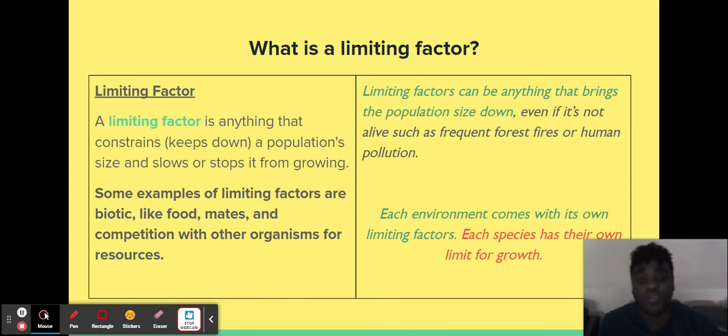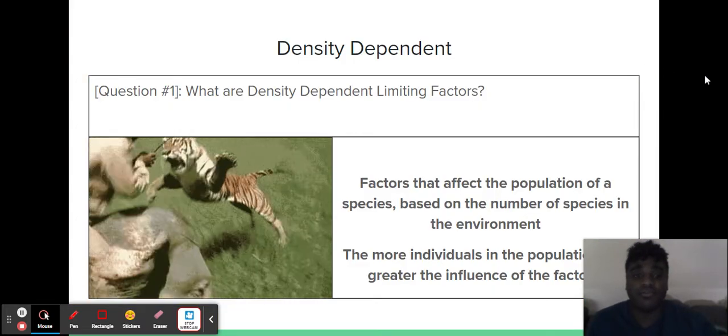So they have their own set of resources that they'll be able to accommodate. They'll have their own competition, their own set of mates, and their own set of problems that will then limit the size of their individual population. So not every population is limited the same, and not every environment has the same limit. All right. So each environment and each species has its own set of limiting factors.